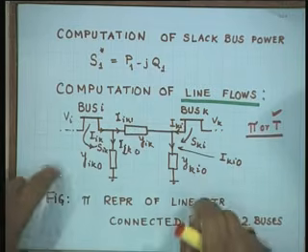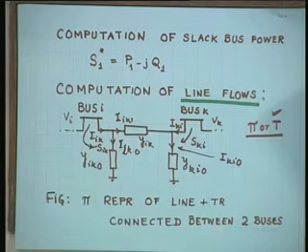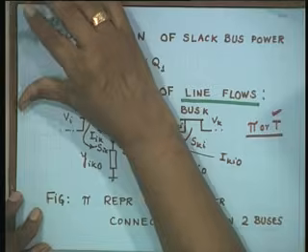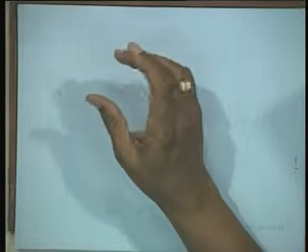So this is a pi representation of a line plus transformer, both connected between two buses. Now once you know this figure, then you can write equations and ultimately you can find an equation for line flows. What are those equations? Now keep this figure in mind.